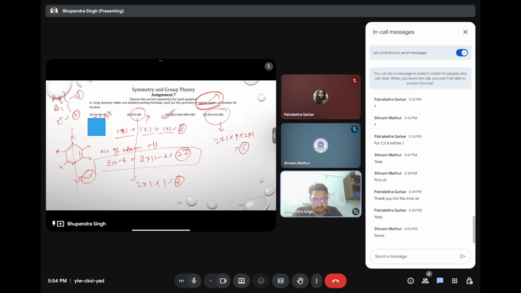So let's calculate for this also. 10 into 1 plus 3 into 1 plus 9 into 1 plus 5 into 1 is equal to 10 plus 3 plus 9 plus 5, which is 13 plus 9, 22, plus 5, 27. So this is the answer. Fine.